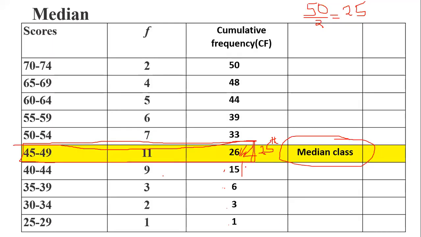The one that is below is what we are calling the succeeding frequency, minus 15. Then this 15 here and this 11, the frequency, are the two values we are going to be using most commonly in our calculations.